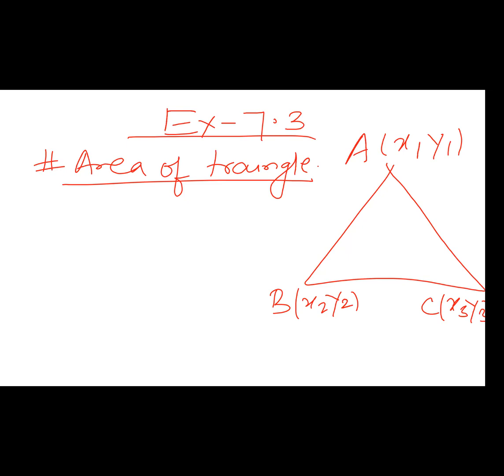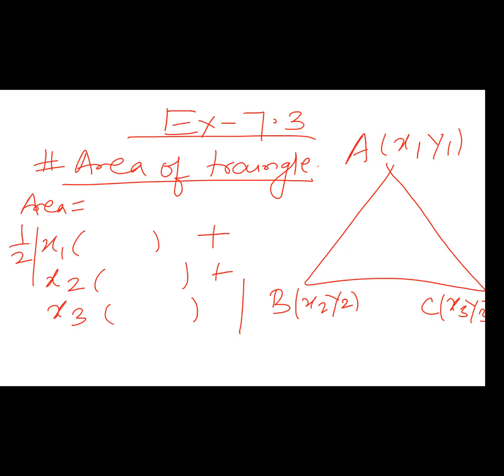So area of triangle is half, x1 (y2 minus y3), y2 minus y1, sorry, y2 minus y3, y3 minus y1, and y1 minus y2.